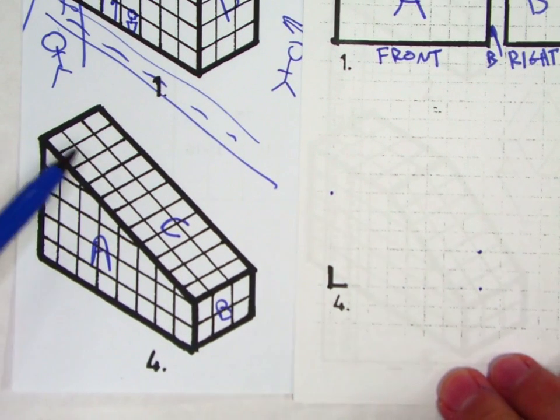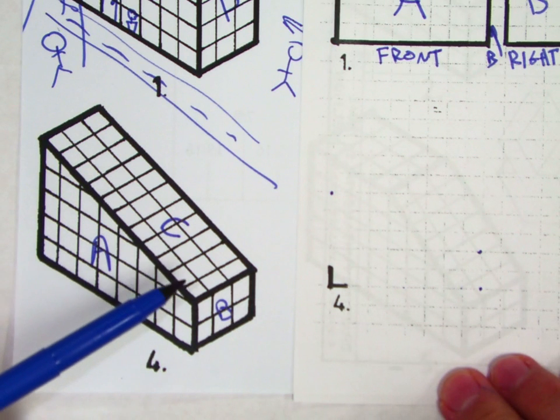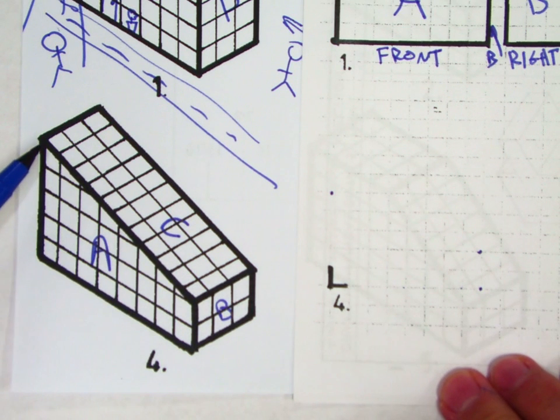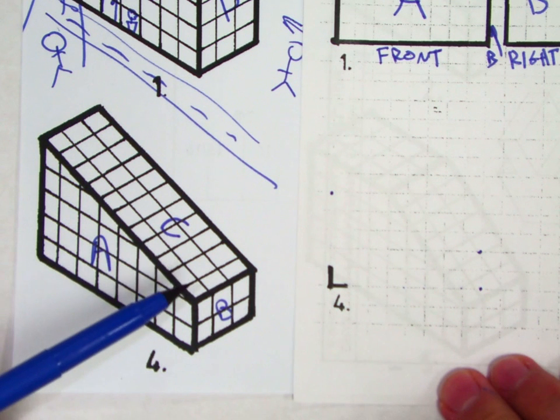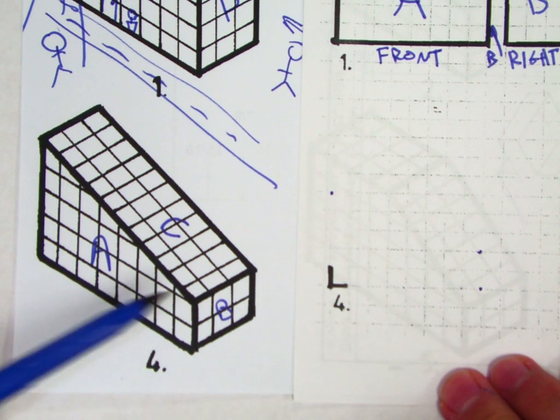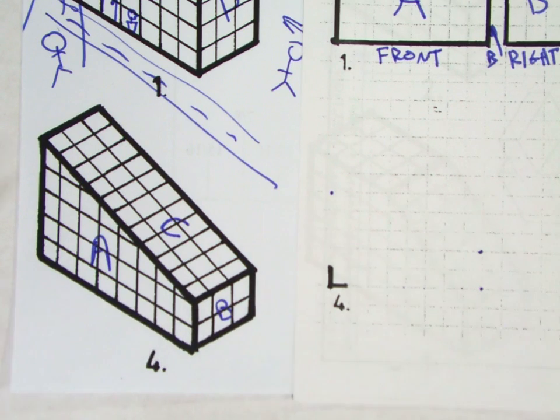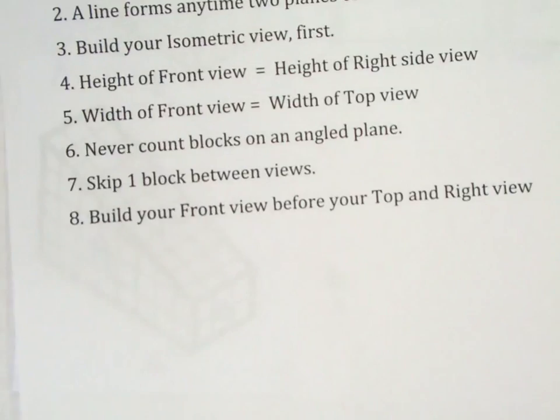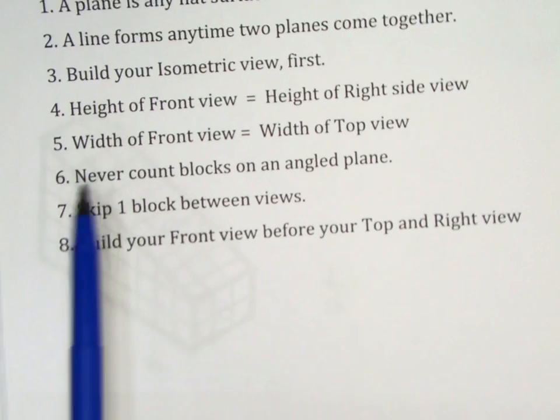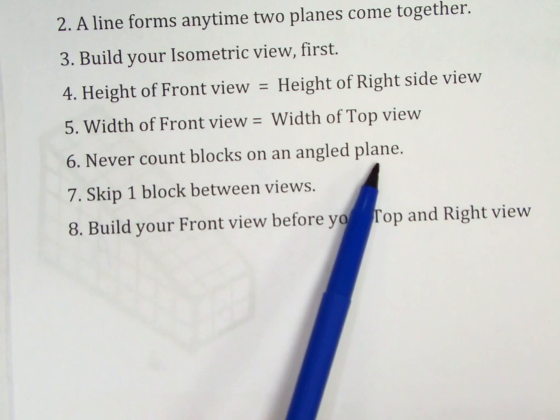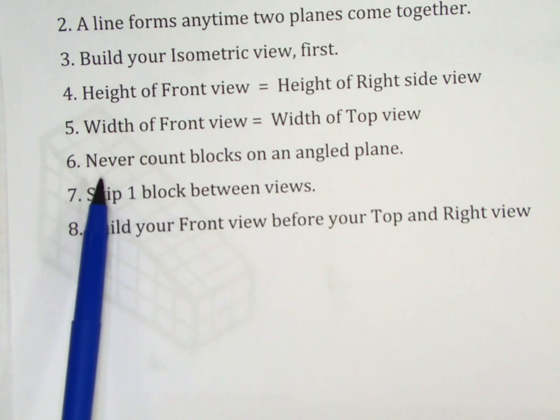Now don't let this angled plane here mess you up, because if you were to try to count from this point down on this angled plane, it would not make sense if you also tried to count across and up. So that being said, this is hugely important. You never count blocks on an angled plane. I cannot stress that point enough. You never count blocks on an angled plane.